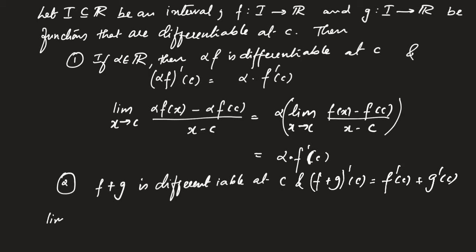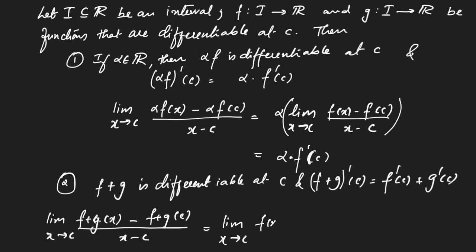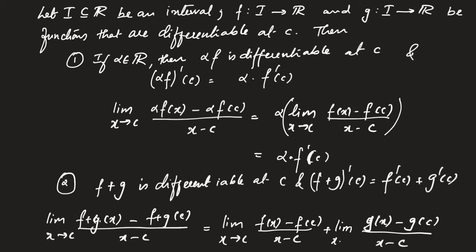What we are interested in is the limit x tends to C of f plus g of x minus f plus g of C divided by x minus C. So just using the definition of f plus g as f plus g of x is equal to f of x plus g of x, we can rewrite this as the limit x tends to C of f of x minus f of C by x minus C plus g of x minus g of C by x minus C. Now we can just use limit theorems and say that that quantity is equal to this. And thus we have the result for f plus g as well.